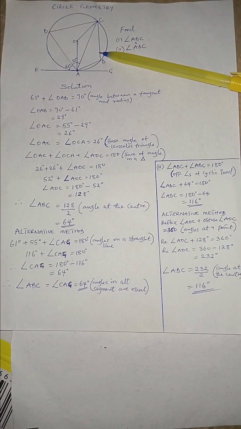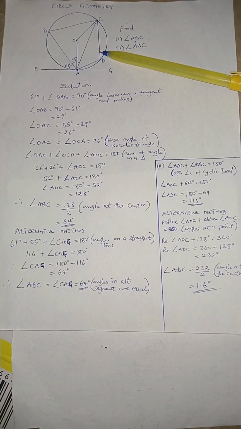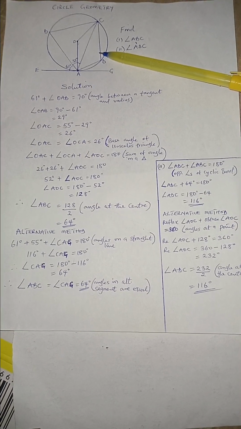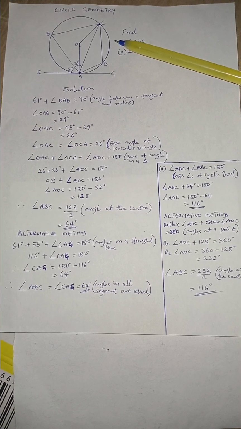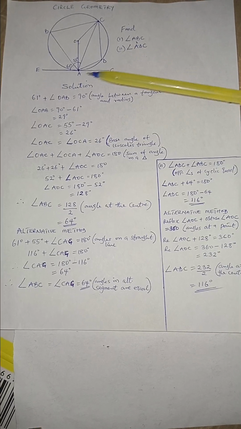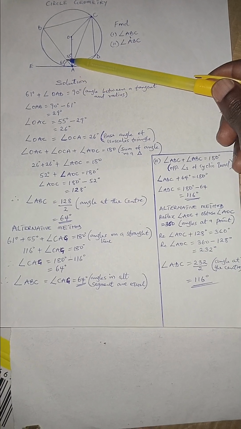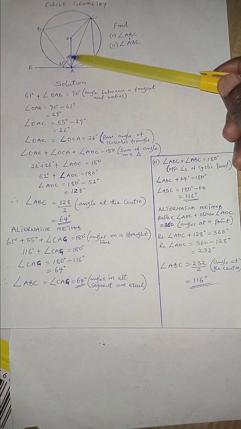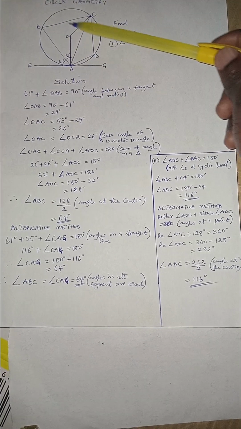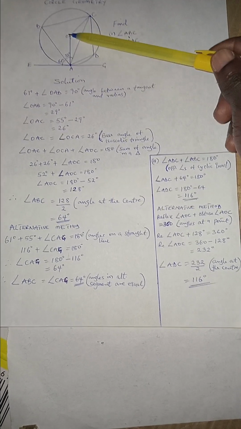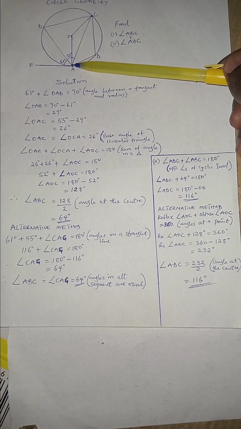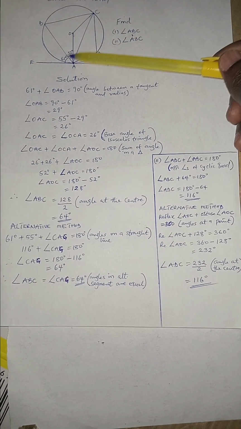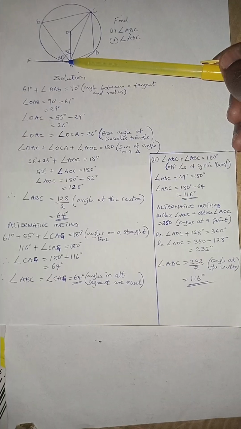Now let's look at the solution. From the theorems of circle geometry, this angle 61 and angle OAB add up to 90 degrees.